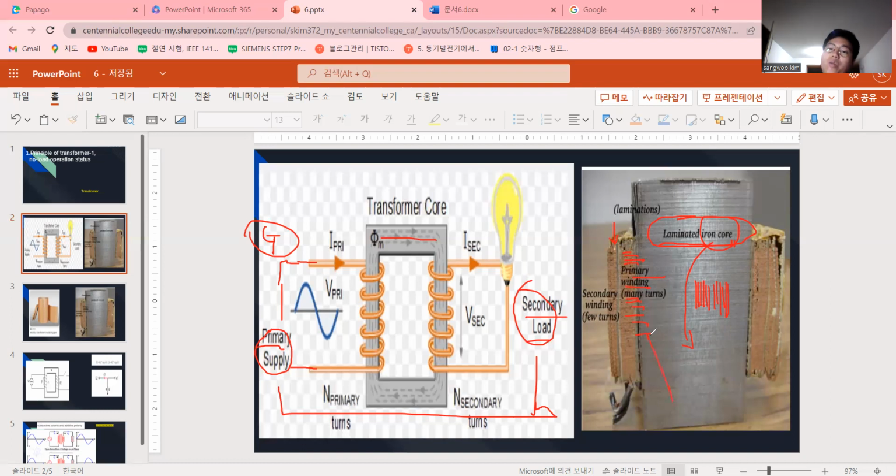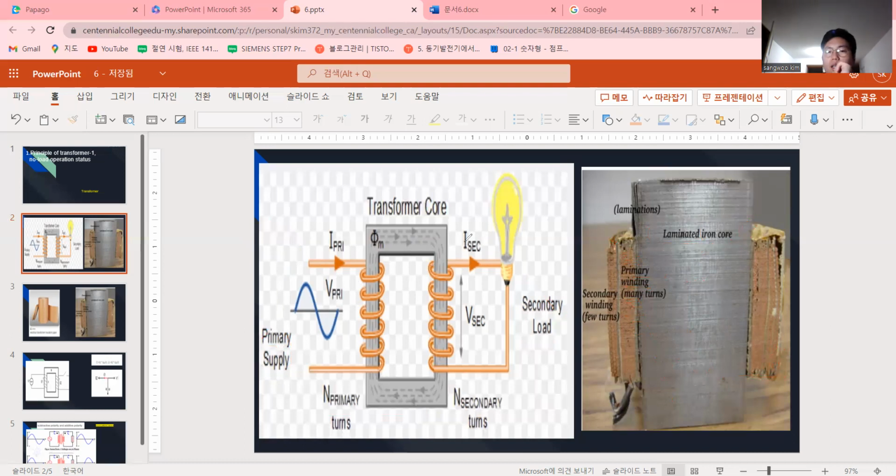So generally the primary winding is the low voltage side, then the insulating paper, and then the high voltage side. We generally wind it like this when we make a transformer.